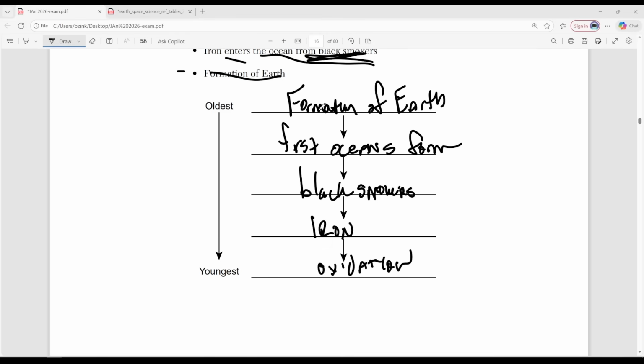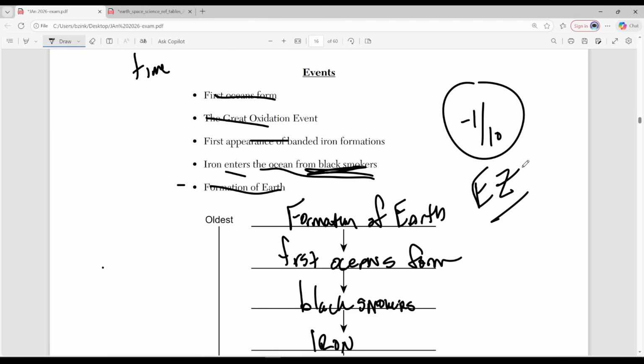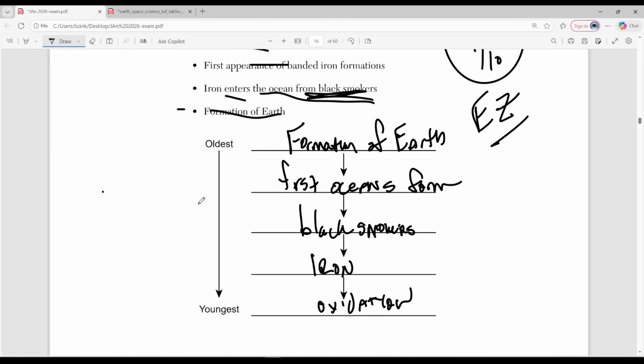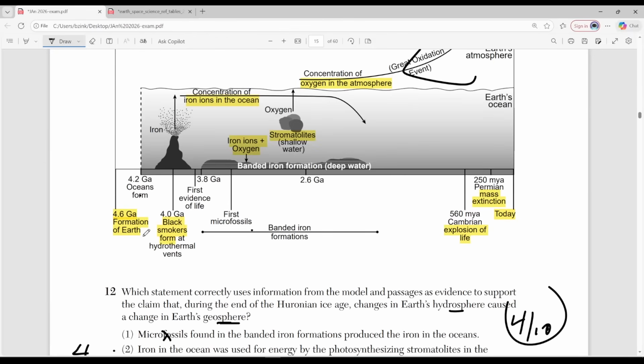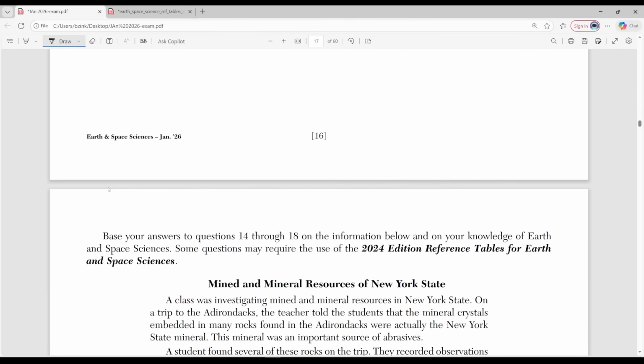So that right there is the easiest question on the test. This is like a -1 out of 10. That is the easiest question on the test. I don't think it's going to get easier than that. You literally just copy the graph. That's a meatball question. Meatball question.